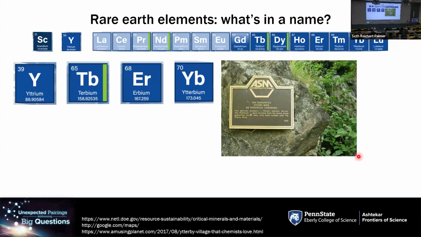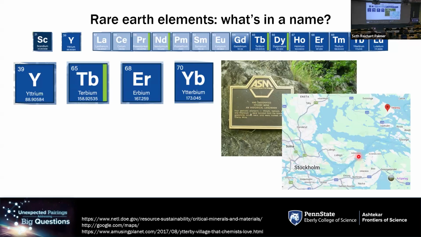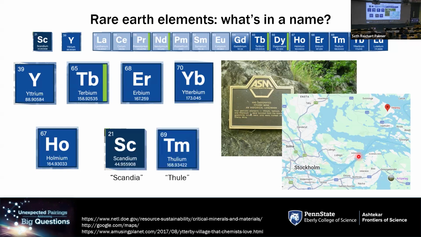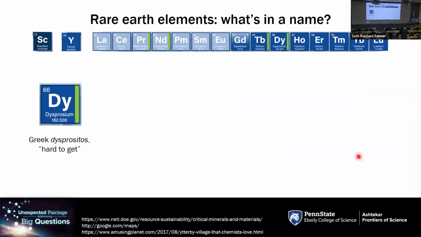That's because they were all isolated, in addition to other rare earths, from the same mine in a town called Ytterby. This town is close to Stockholm in Sweden, which is why holmium is called holmium. All of these are named for Sweden, and scandium and thulium come from the Latin and the Greek names for Sweden or Scandinavia in general. So that tells us that all of these elements are frequently found together.